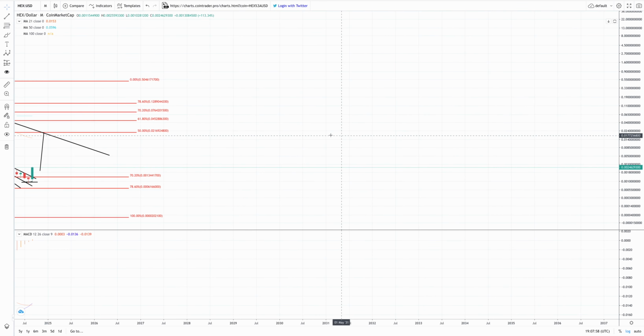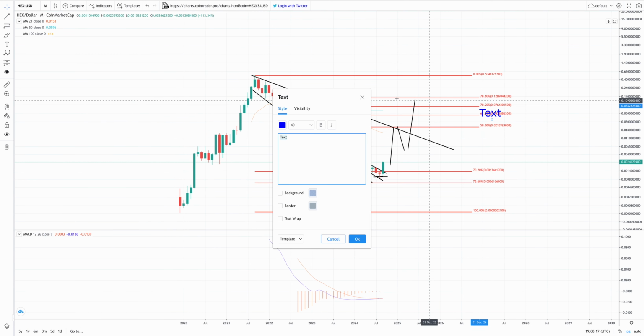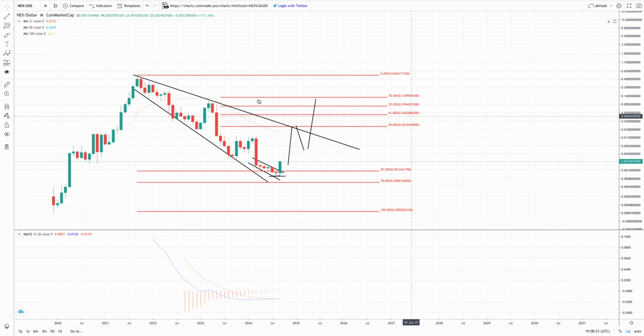I would be expecting a move towards at least the 50% fib at 2 cents. We may see a little bit of a decline from there, and there's a possibility we head higher towards the 70.2 to 78.6% fib at 0.076 and 0.128.